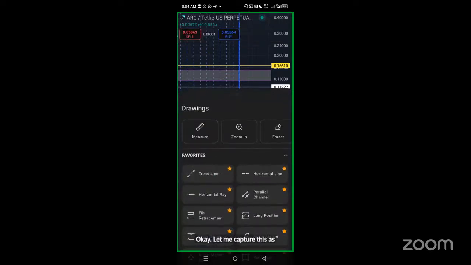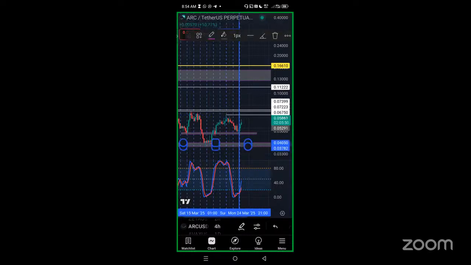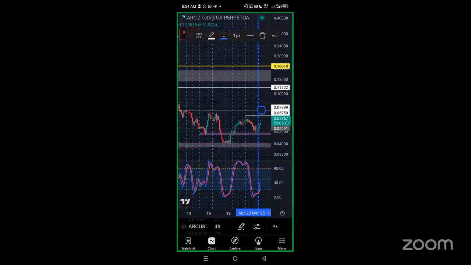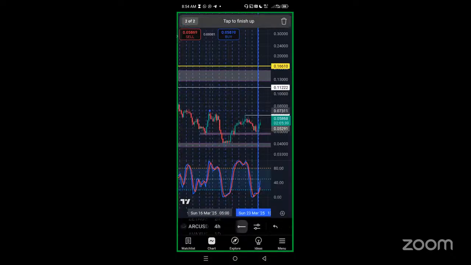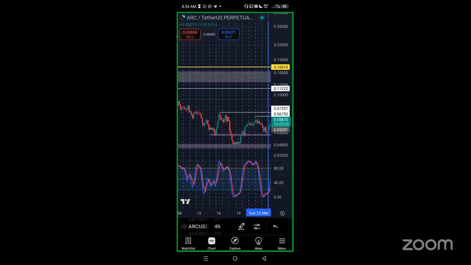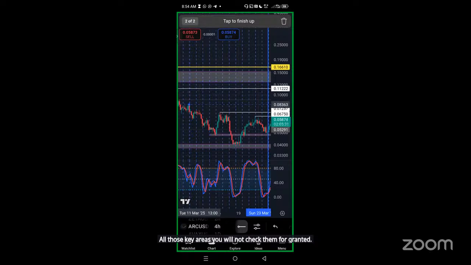Let me use a trend line. Okay. Have those key areas. You will not take them for granted. Then you capture the other one.